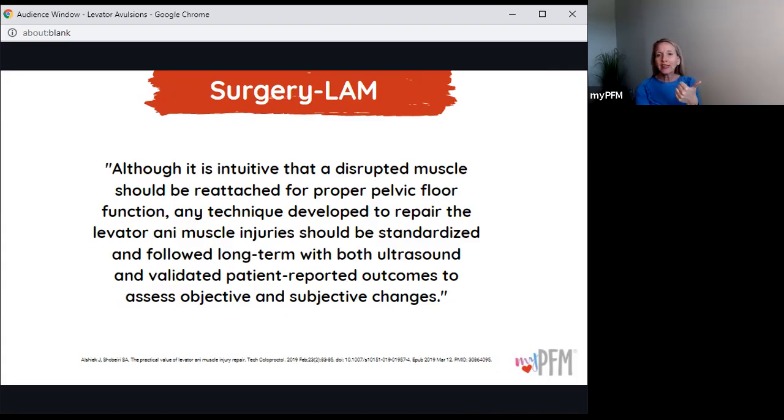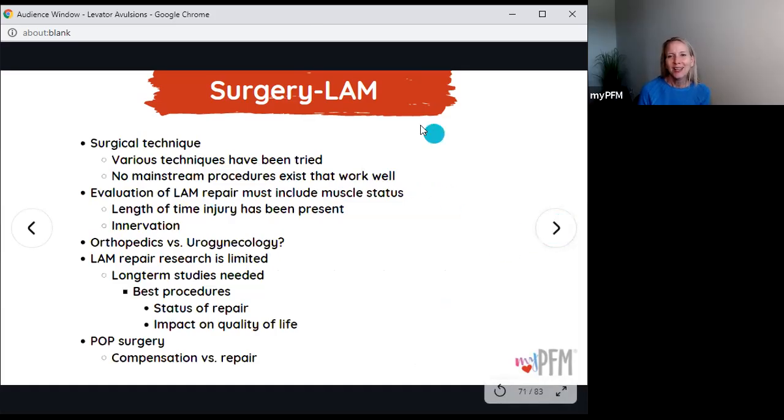Any technique should be standardized. It should be followed long-term. As you're following it long-term, you should have objective measures like the ones you're taking with the ultrasound, and you should have subjective measures that look at the quality of life of the people who had the interventions. So that's the literature that I have on the surgery.